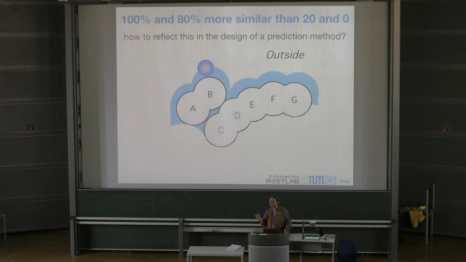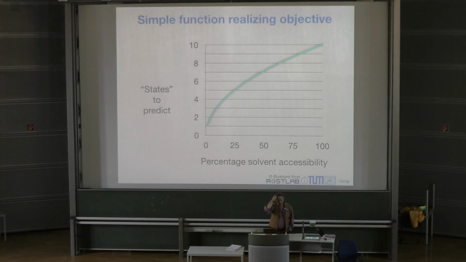We can simply come up with a function that somehow approximates what we perceive as important. And here is one idea, one solution. You use a square root. In the square root function, you take the percentage solvent accessibility and you project it by computing the square root onto 10 different states. And then you essentially predict these 10 different states.